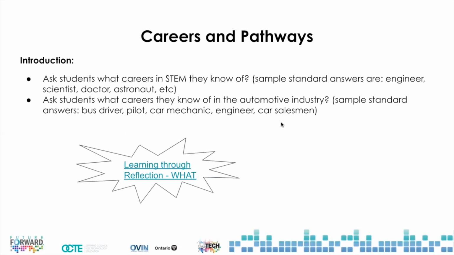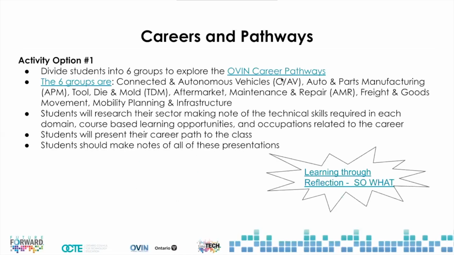So this really focuses on the career pathways. And so I would give students time to review on the OVIN site the different career pathways, what kind of education is needed, what are different course-based learning opportunities and occupations related to the career that students have researched.